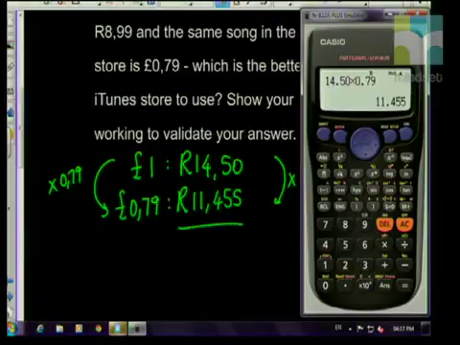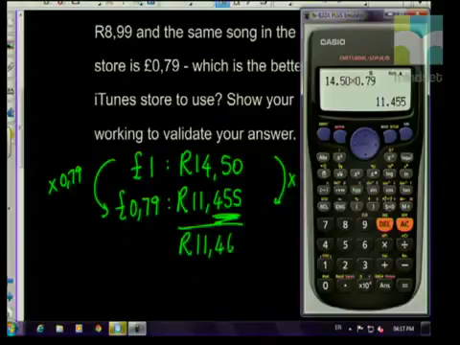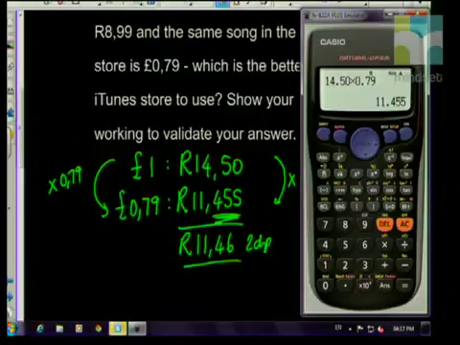What is wrong with this answer? Can we have 3 decimal places for money? No, so we need to actually convert that to be 11,46, rounded to 2 decimal places.